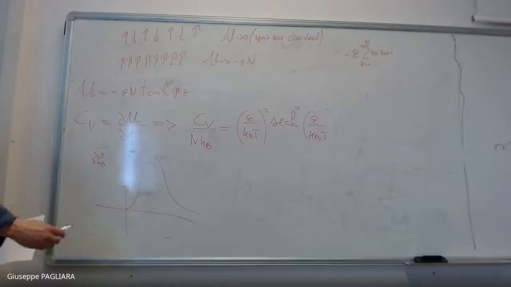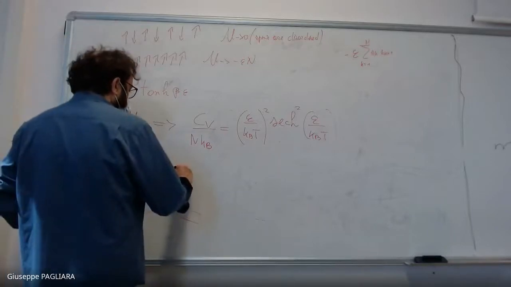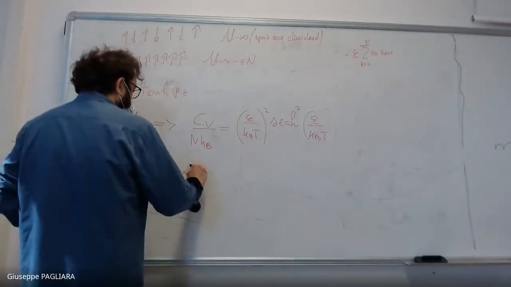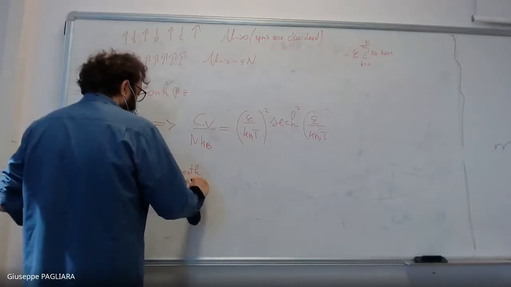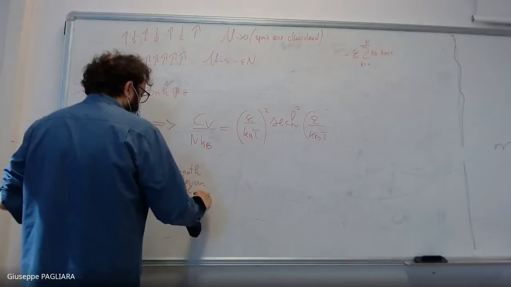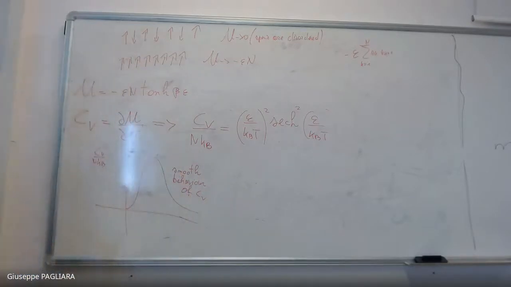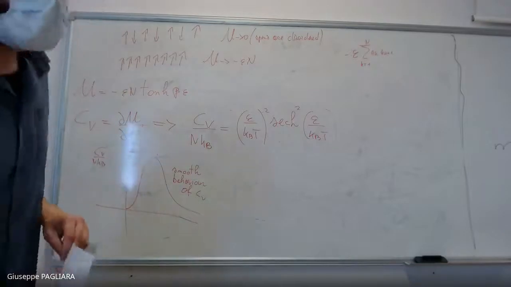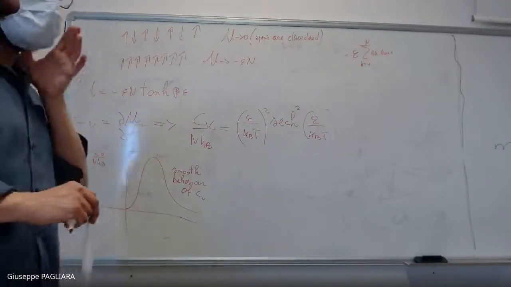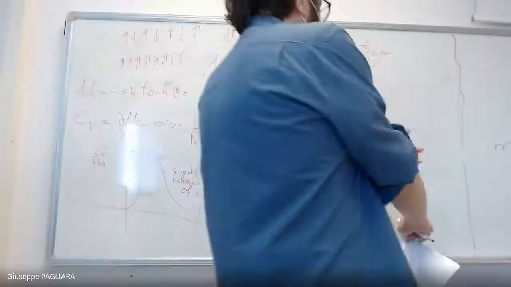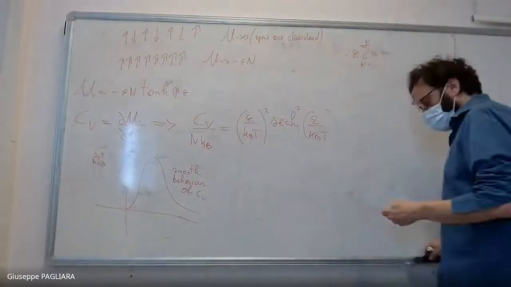Okay, so I have a smooth behavior of the heat capacity because there is no phase transition. And actually, we will see that in the Ising model in 2 dimensions, we will have some problems when computing the specific heat, the heat capacity.